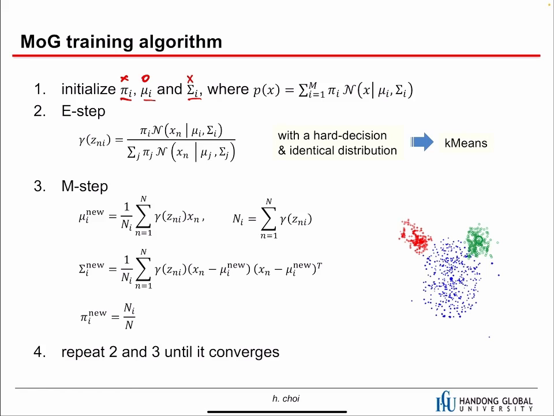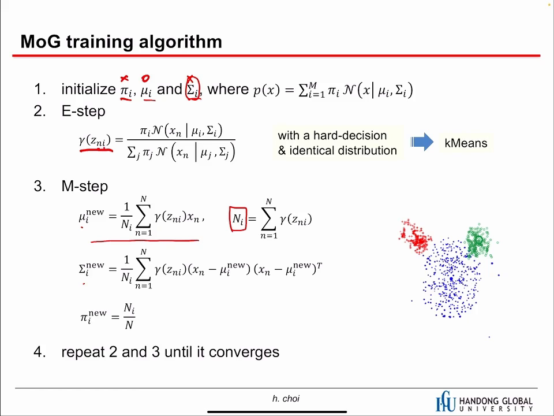In the E step, we calculate the responsibility of cluster i for sample n. In the k-means algorithm, we have hard decisions with identical distributions, that's why we don't care about this part there. Now in the M step, we update the mean, the variance and the number of samples.